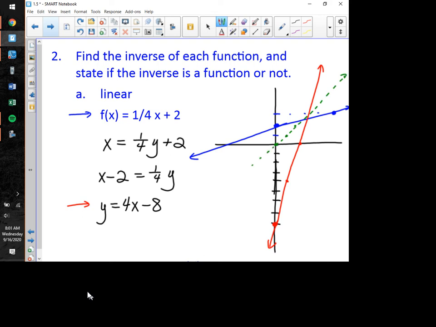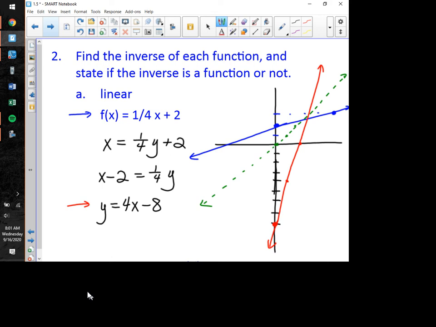Now, obviously, I freehanded this graph and I didn't pay a whole lot of attention to what I was doing. But what should happen, everybody, is that every spot where an original function crosses the line y equals x, its inverse should cross through the exact same point.